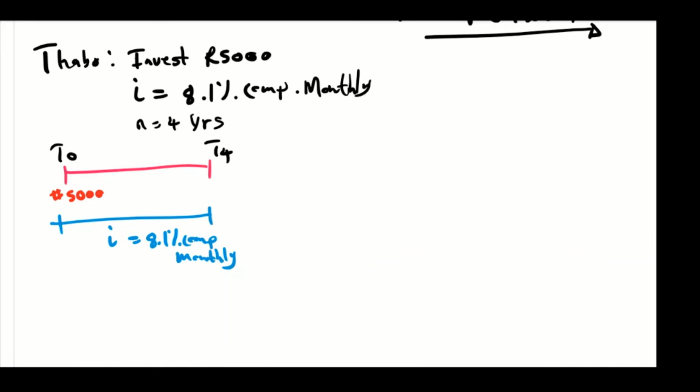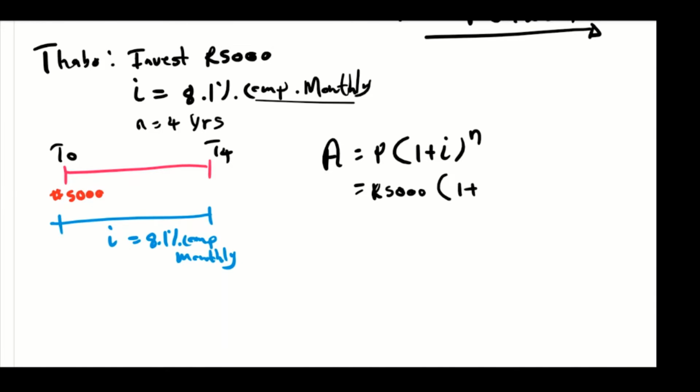To calculate the amount of Thabo, you're going to say A is equal to P into (1 plus i) to the power of n, because it's compounded, hence we're going to use the compound formula. So it's going to be 5,000 into (1 plus the interest rate of 8.1%).